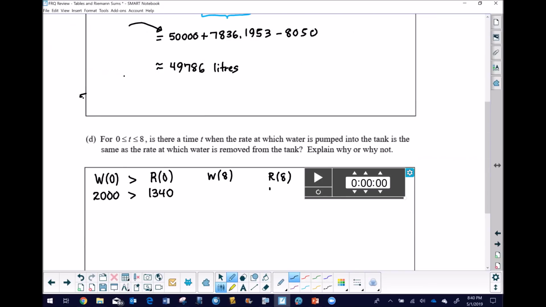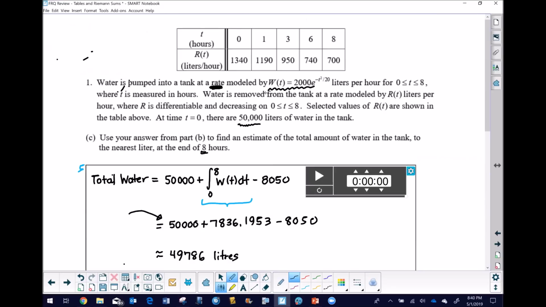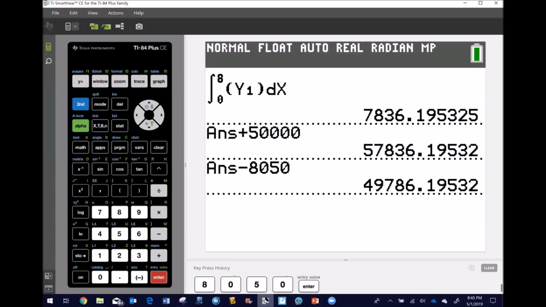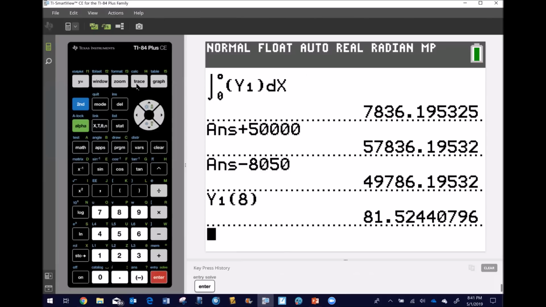Boy, that was a big change. But what is the W of 8? Well, we've got this model right here. Plugging 8 in is going to be pretty tricky. Well, we do have a calculator. So what's nice about having that function stored, remember the name of that function? It was called y1, wasn't it? So we could just simply call up that function, y1, which was our W, and evaluate it at 8. And it's going to give us this 81-ish number, right?